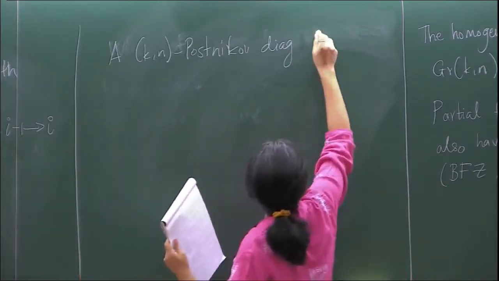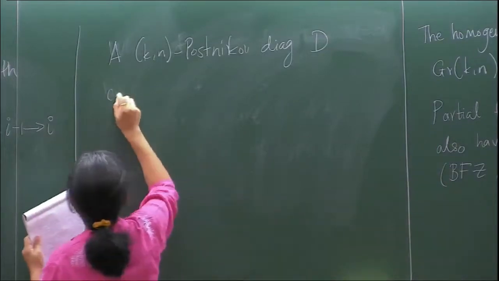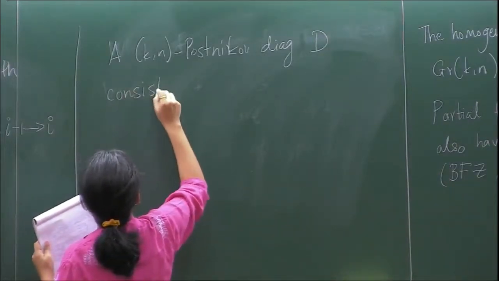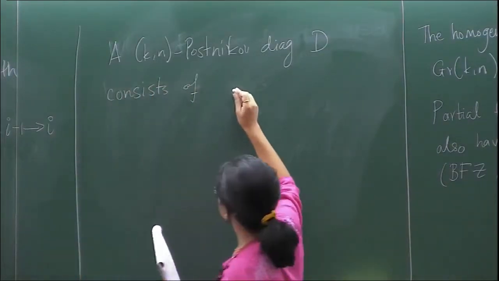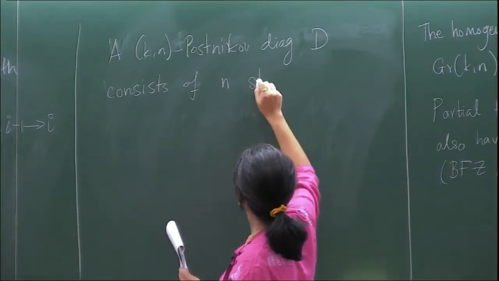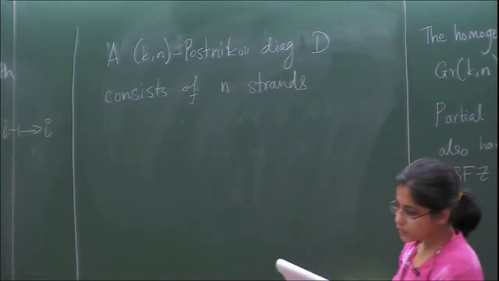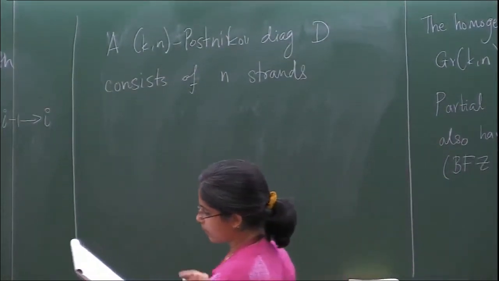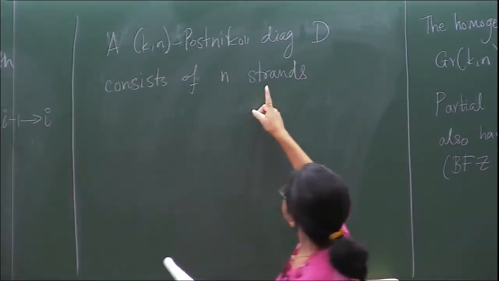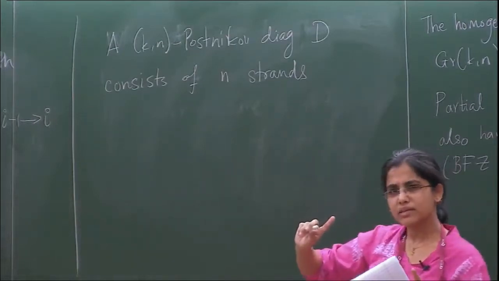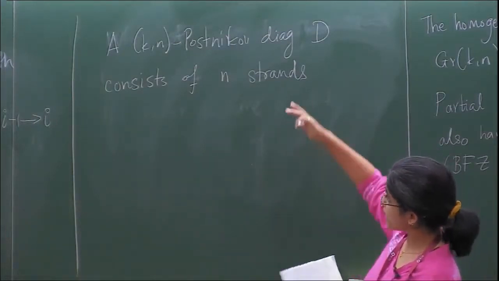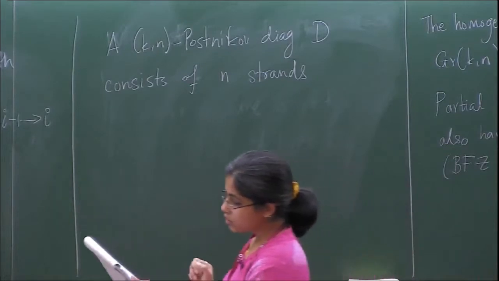We will call this D. It consists of n strands, which are just curves. I will give you an example in a few minutes, but let me just write everything down.